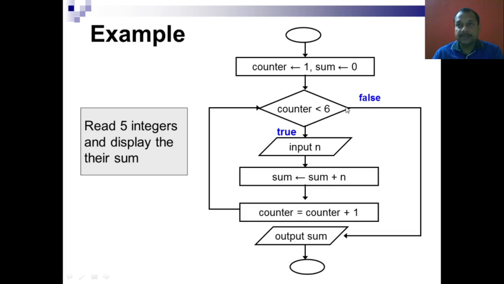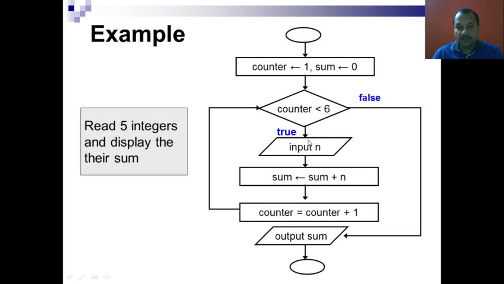Now you know, based upon your conditional operator, that after this testing there are one of two outcomes. Either it evaluates to true or it evaluates to false. If it evaluates to true, which means counter is indeed 1, then 1 less than 6 is true.